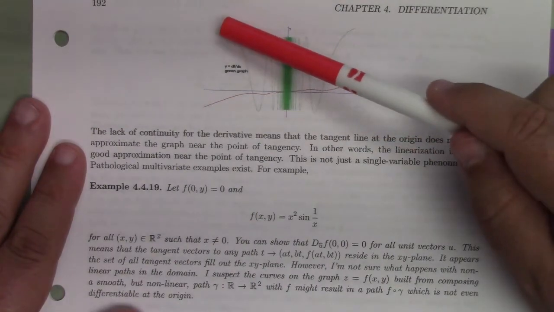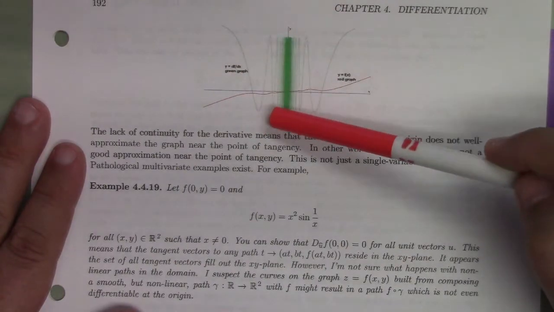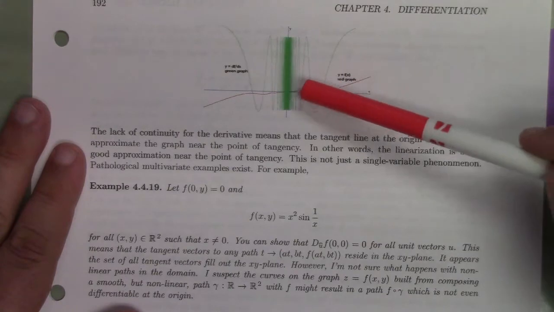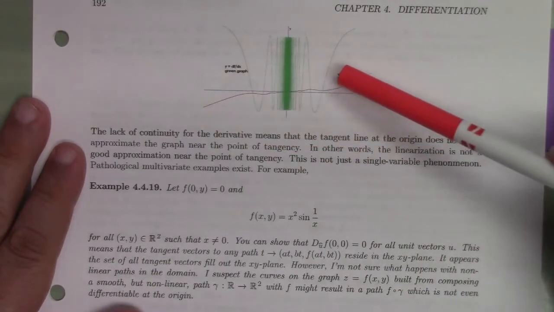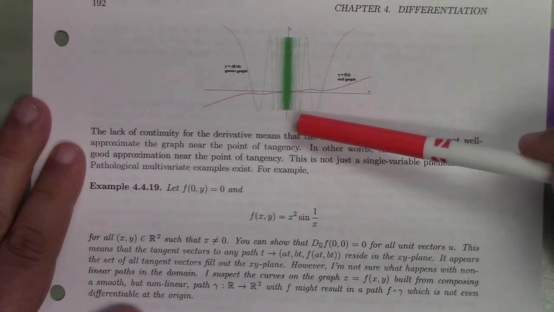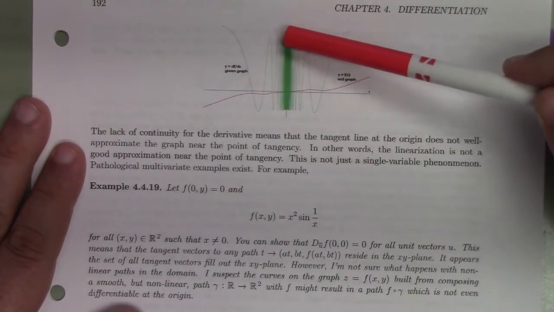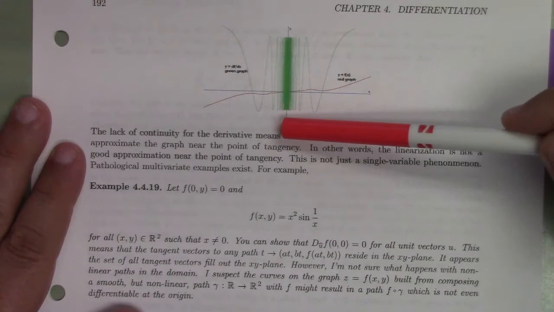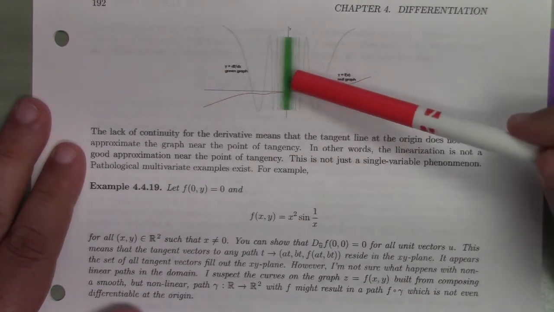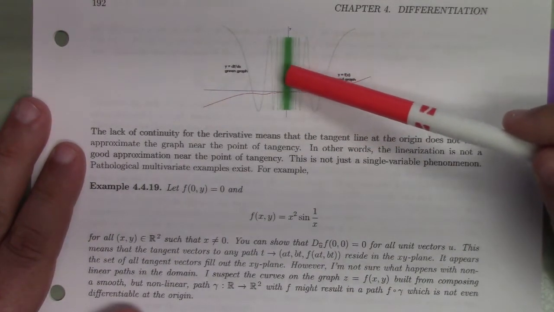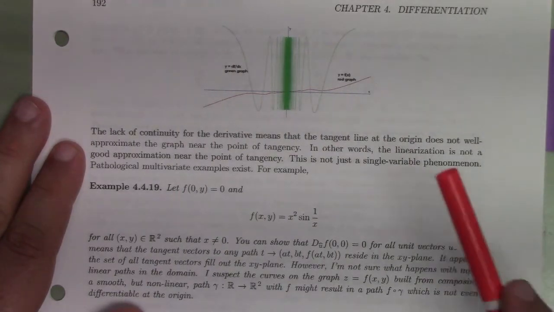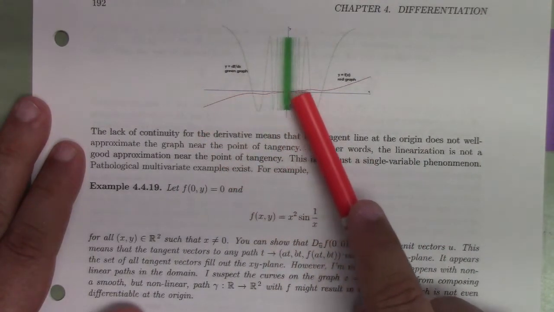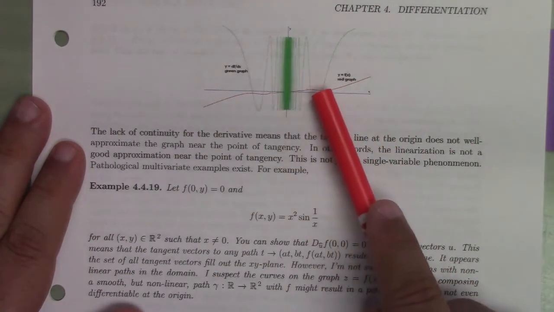But when you plot the derivative in green, you can see that the derivative, while it exists everywhere, in fact, you can calculate the derivative at 0 and show that it's a half for the red function. So the derivative exists at 0, but it exists there discontinuously. There's not continuity in the derivative. The derivative is oscillating madly at 0. And that's troublesome, because that means that the tangent line doesn't really well approximate the graph in the following sense.